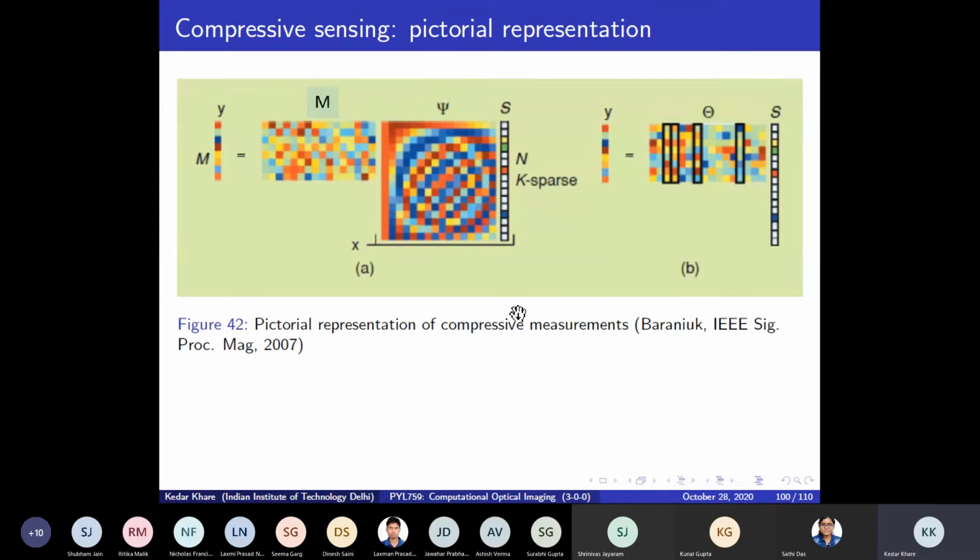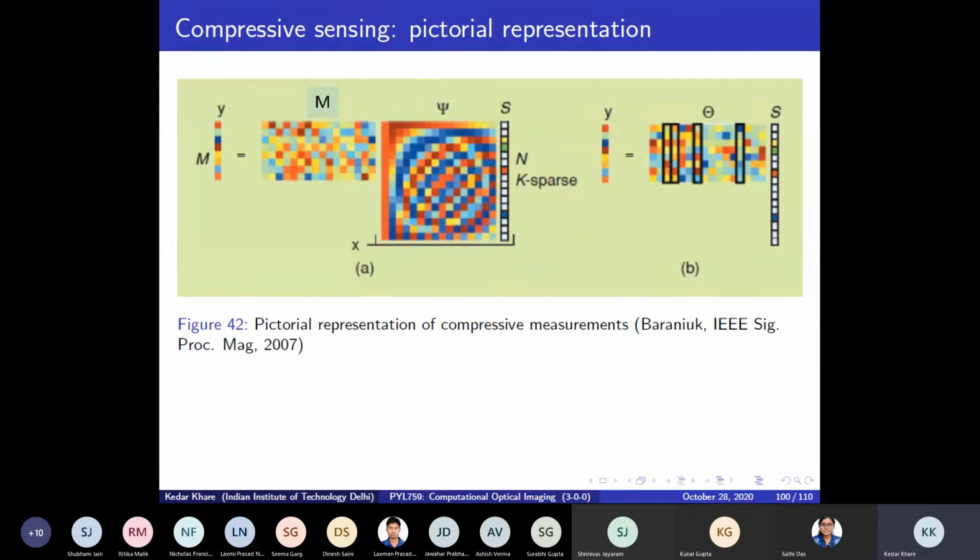Then we have a measurement matrix M, which tries to mix all these different elements, and Y is the measurement. This is the problem that we have. This theta is a matrix which is the multiplication of M and psi. So Y is equal to theta times this signal vector, where the signal is actually sparse.